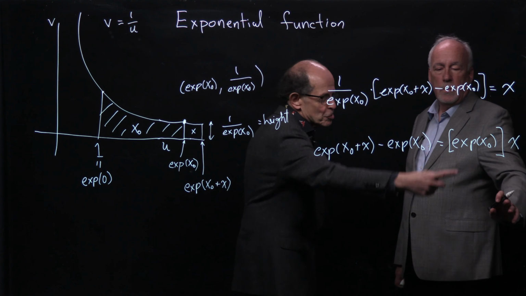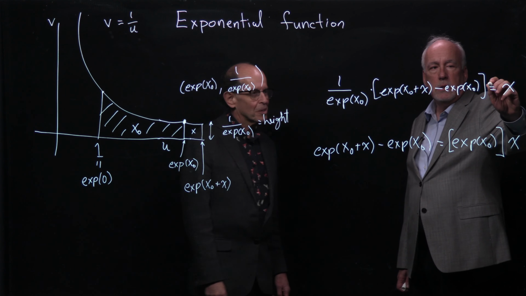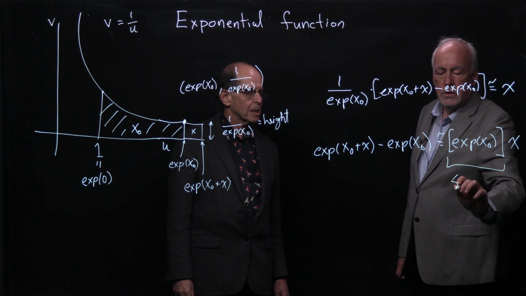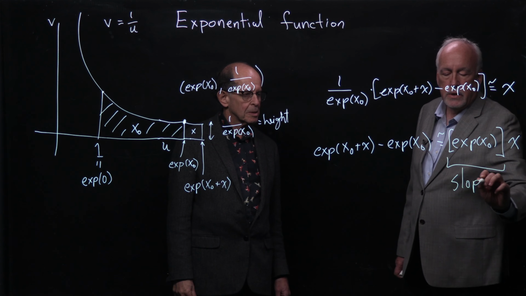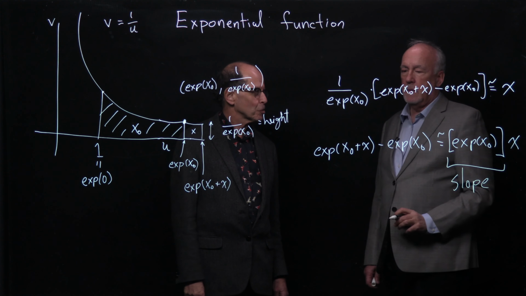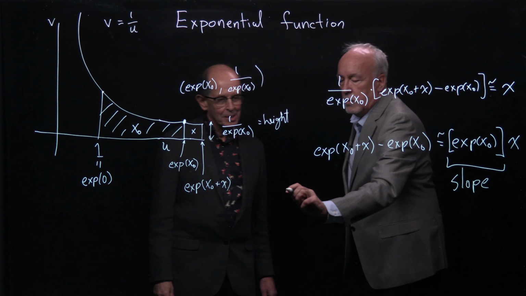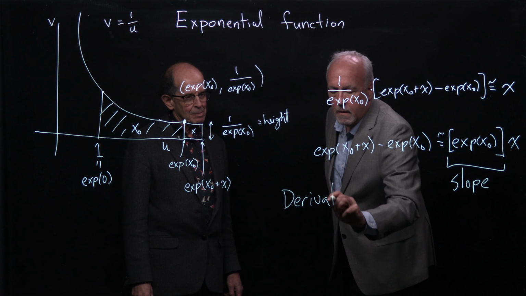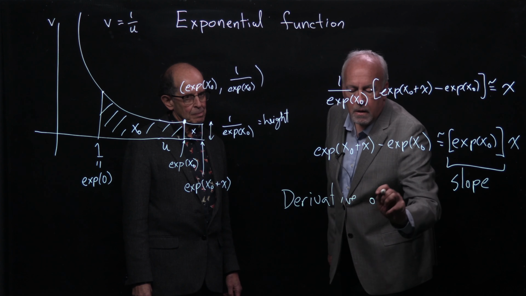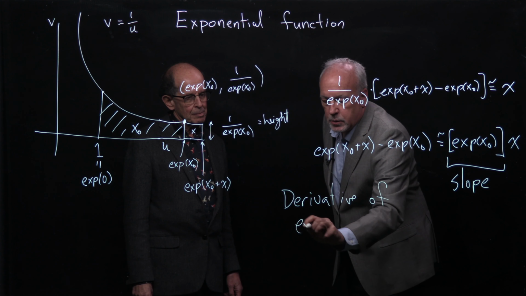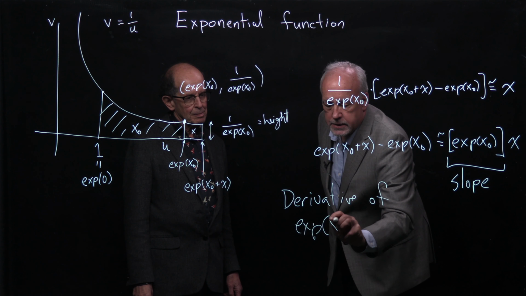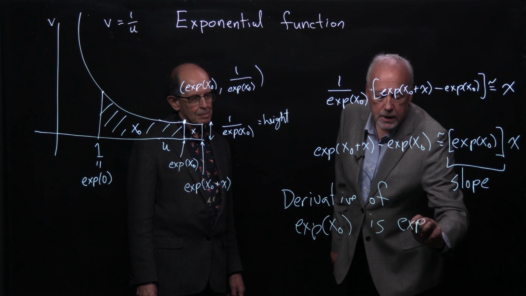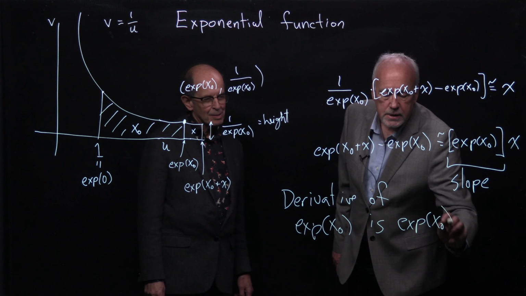So I guess that's the slope. Yeah, and that's our slope. So that tells me what the derivative is. Yeah, the exponential of x0. So here we go. The derivative of the exponential at x0 is the same thing, the exponential at x0, which is pretty amazing when you think about it.